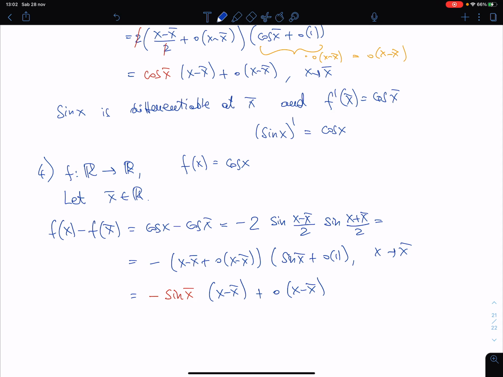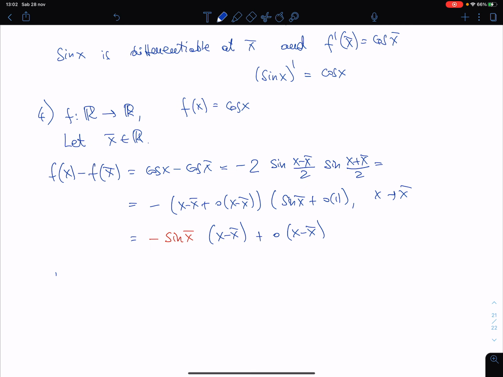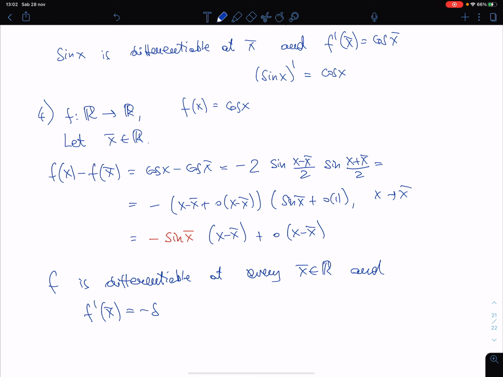And so again we can say that f is differentiable at x bar, every x bar in R, and f prime of x bar is minus sine of x bar. So the derivative of the cosine is minus sine.